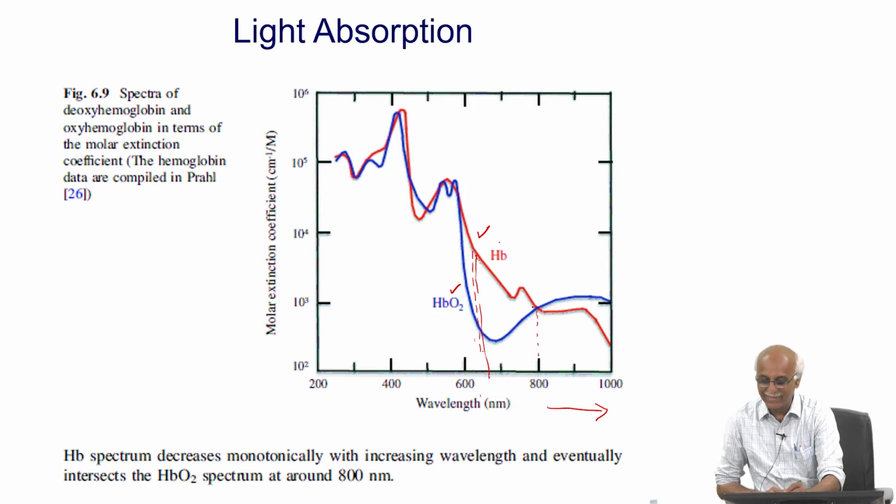Basically, what it means is the absorption values are almost the same for oxyhemoglobin and hemoglobin, and around 920 to 940 nanometer it is the other way around. So, oxyhemoglobin absorbs more light, the attenuation, extinction is large for oxyhemoglobin, while in the visible range, 650 nanometer, hemoglobin will absorb this light.